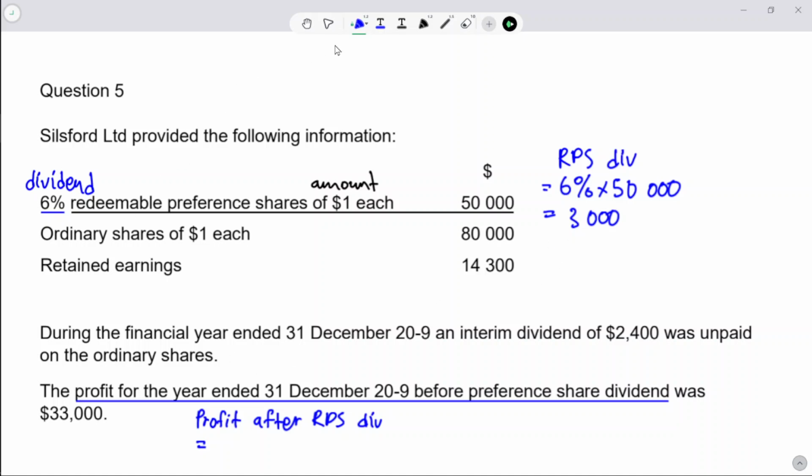So this one we calculated already. Okay. So the profit before is 33k. Then after paying the dividend, it will reduce by 3k. So the profit after will be 30k.